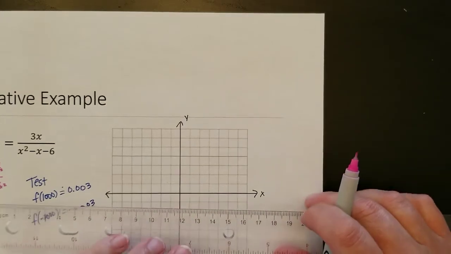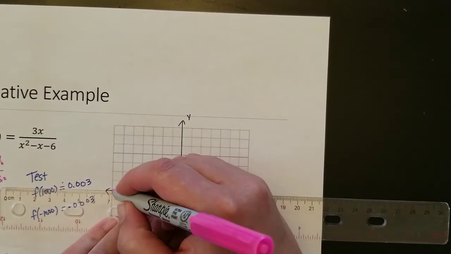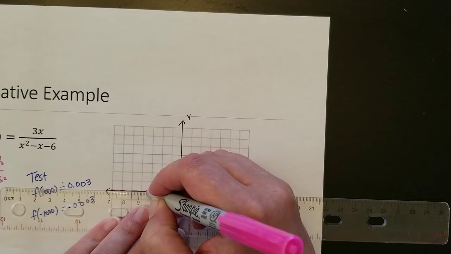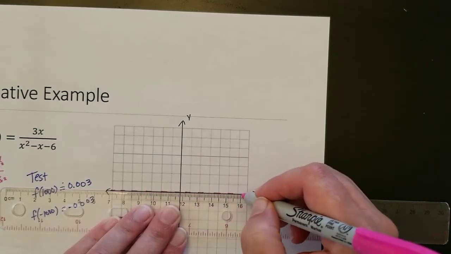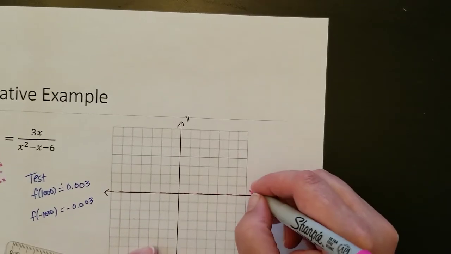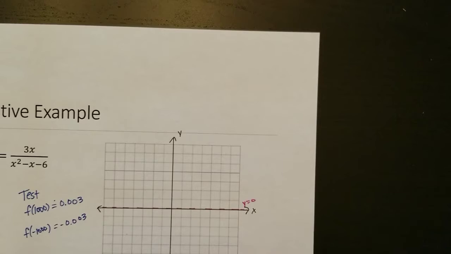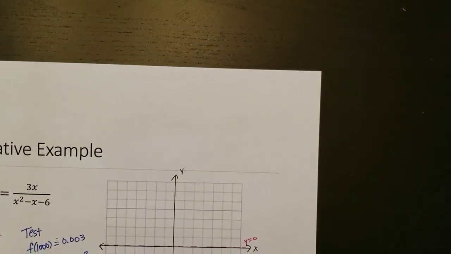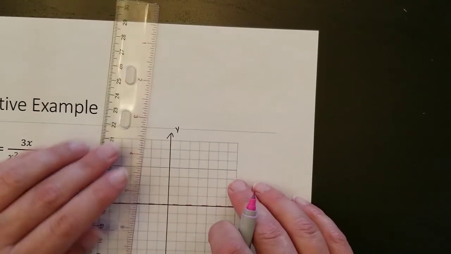Make sure that you're putting them in there and labeling. And if it's right on one of the axes, I always just draw it a little bit above, just so that it's visible, or use a different color, that kind of thing. So this would be y equals 0 for my horizontal asymptote there, and the vertical asymptotes were at -2 and +3.